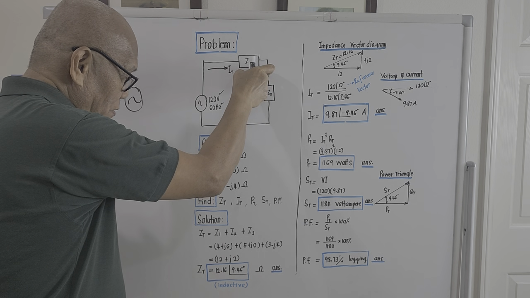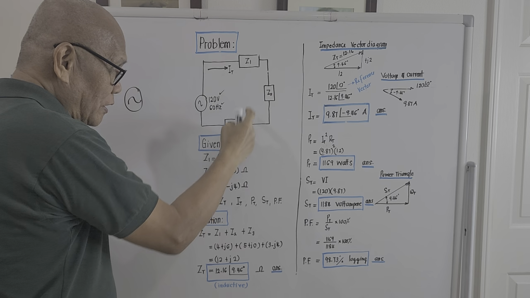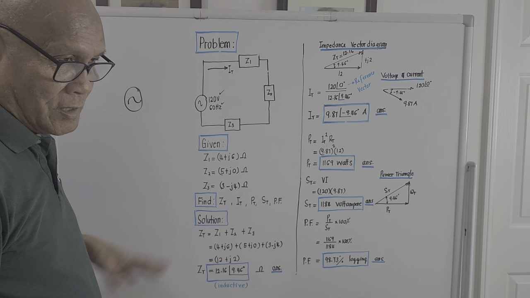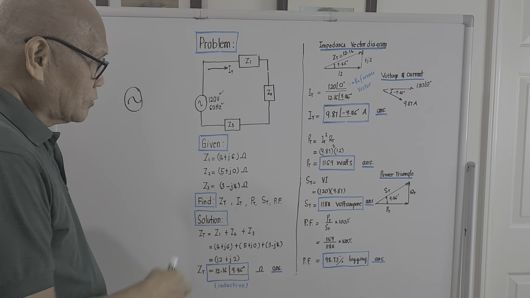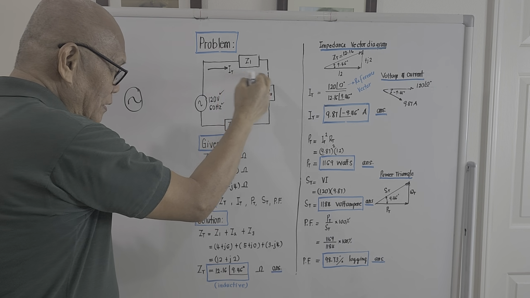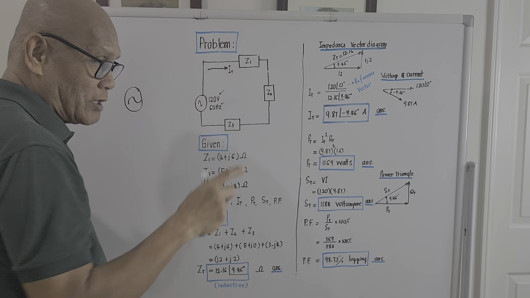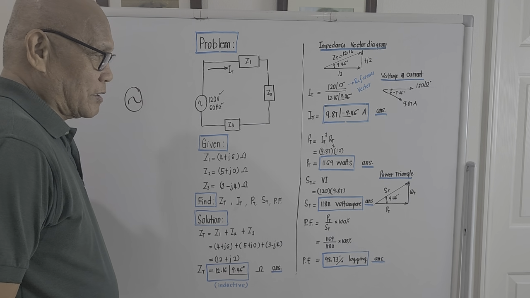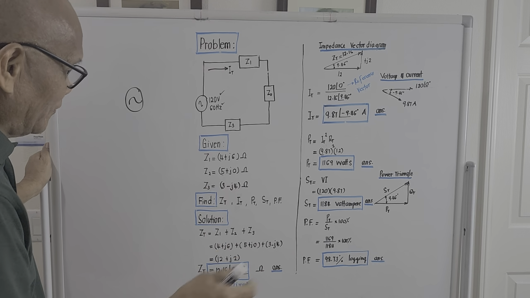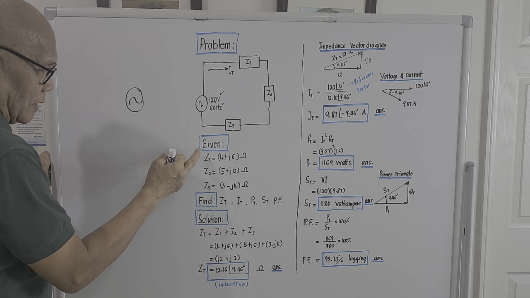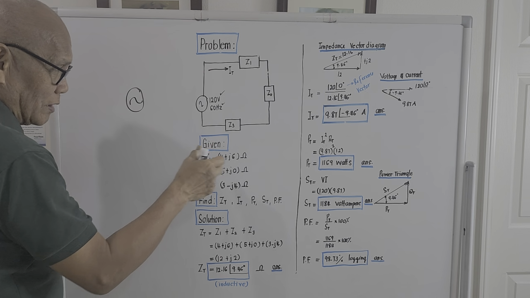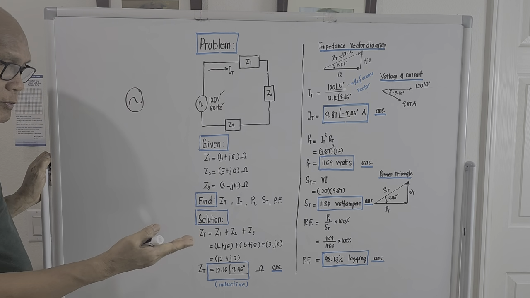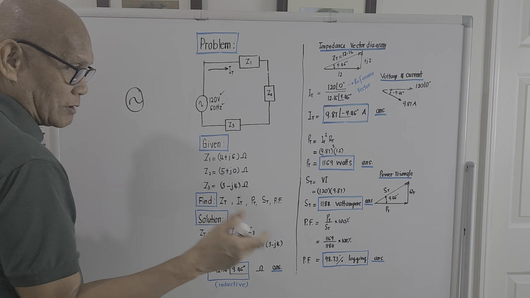This is Z1, Z2, and Z3, and they are all connected in series. Meaning in series, the current passing through the individual impedances is the same. That's the nature of a series circuit. What is given is capital letter Z with the subscript 1, the impedance number 1, given in the so-called rectangular form.